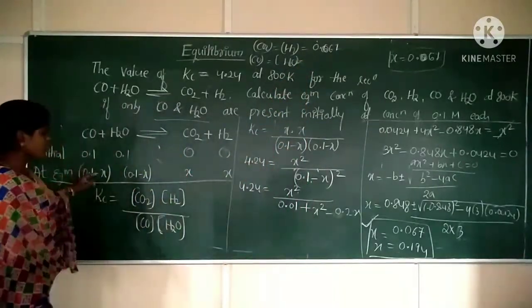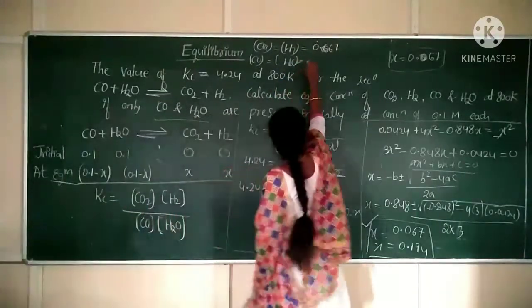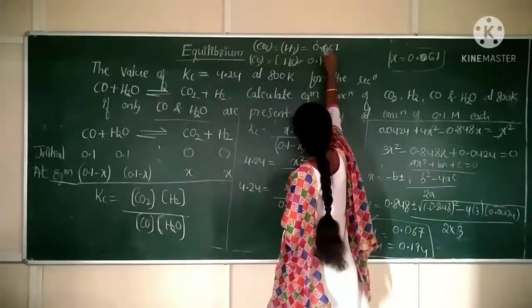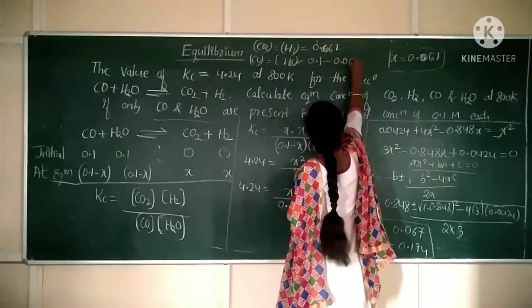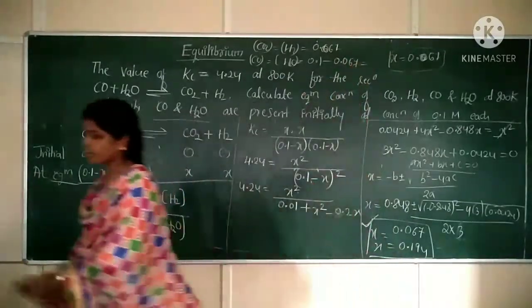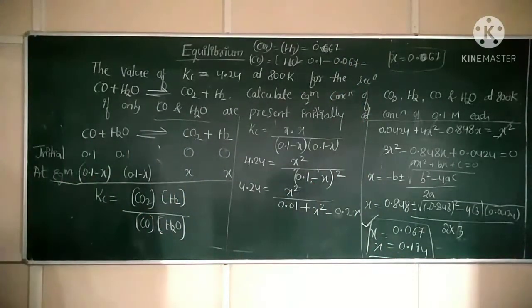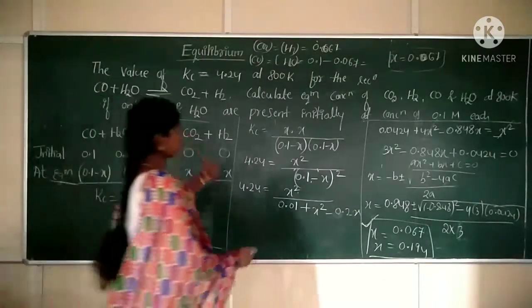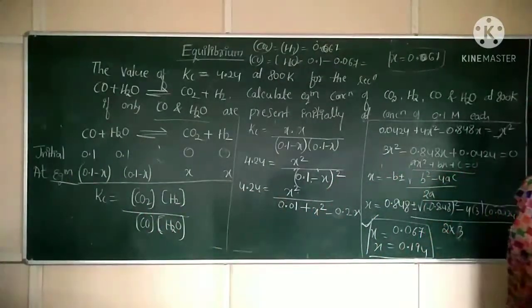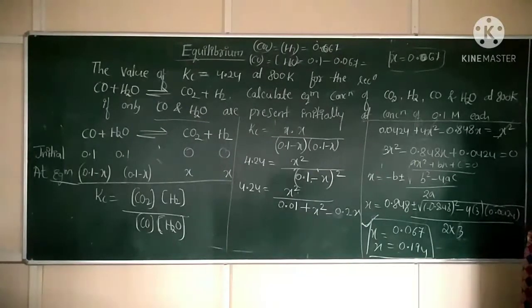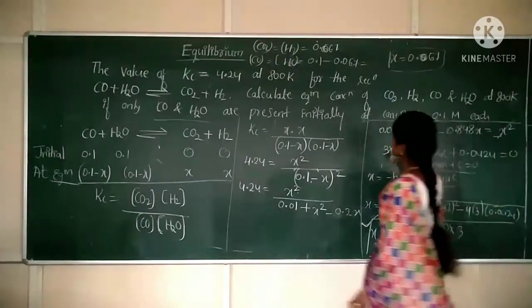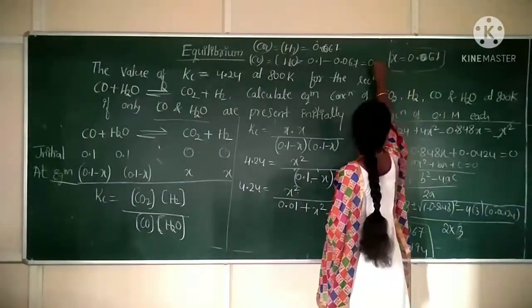What is the value? 0.1 minus x, 0.1 minus 0.067, which is equal to 0.033.